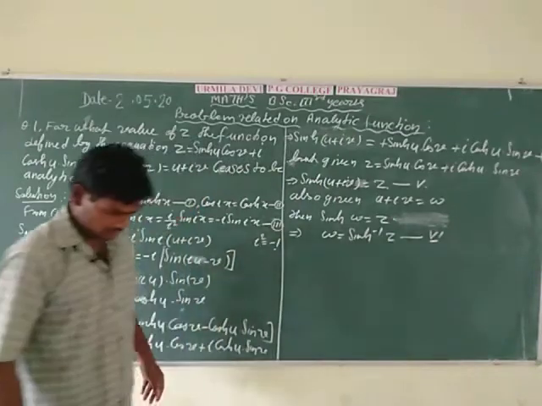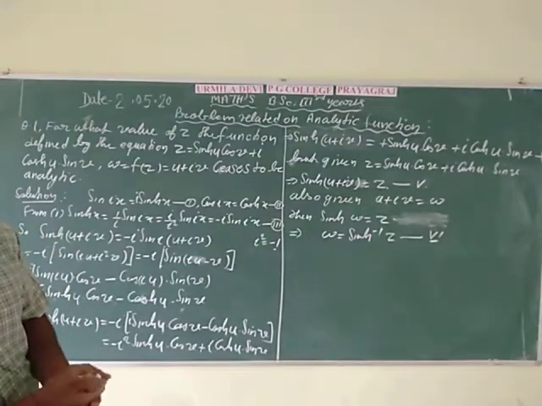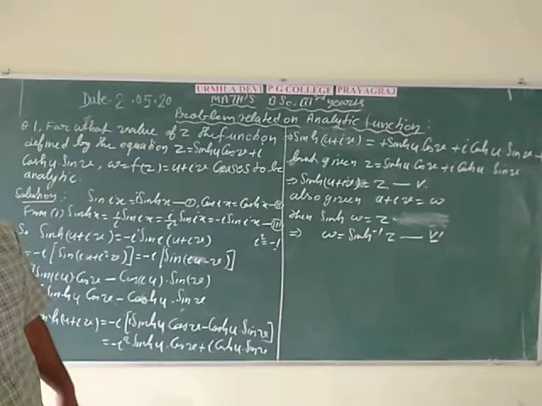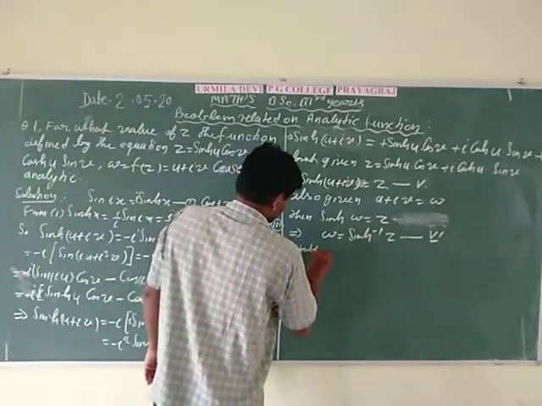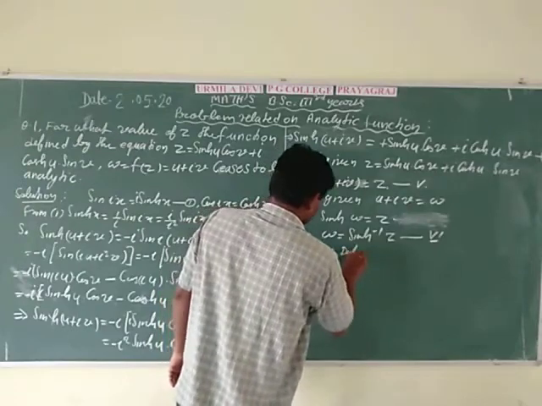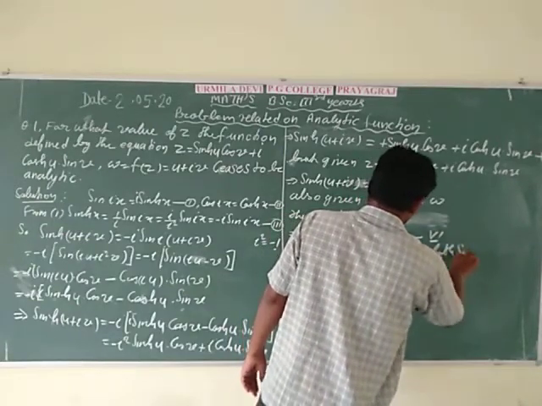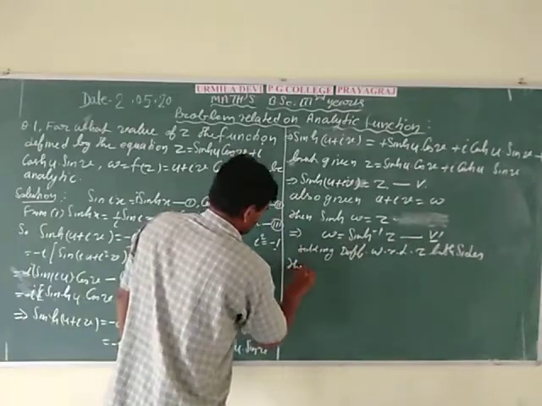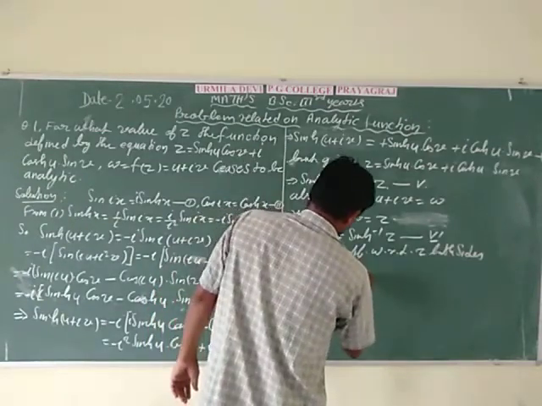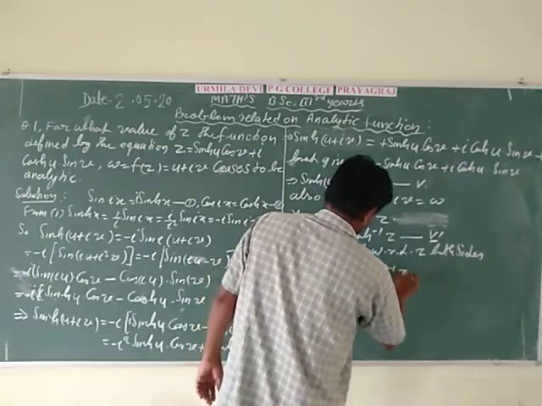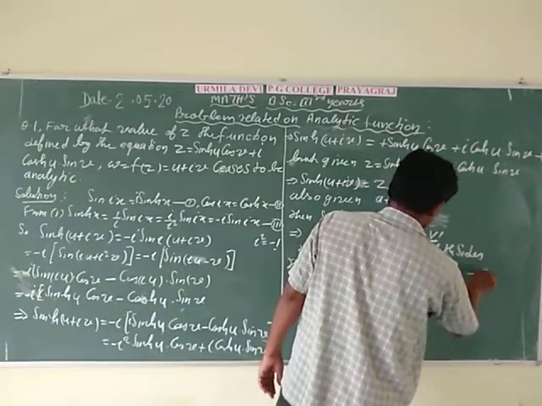So in equation 6, the value of w is equal to sin hyperbolic inverse z, and taking one time differentiation of this equation with respect to z on both sides, then dw by dz is equal to d by dz of sin hyperbolic inverse z is equal to 1 divided by under root 1 plus z square, represented by equation 7.